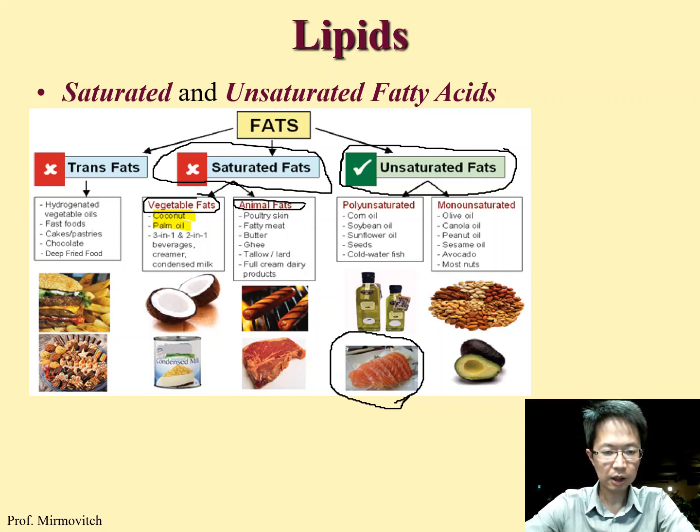And there are lots of creamers or condensed milk that we use almost every day, creamer added to the coffee and stuff. All these contain vegetable fat, which is not very healthy, but we still do that because it tastes good. The truth is that usually the more unhealthy the food, the tastier it is.